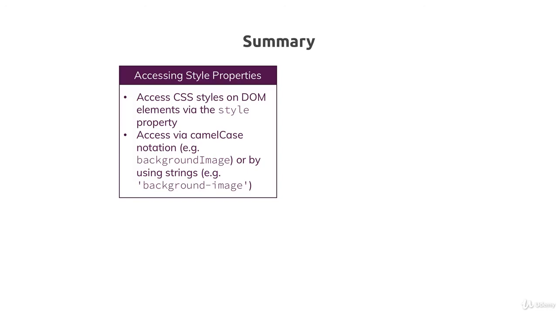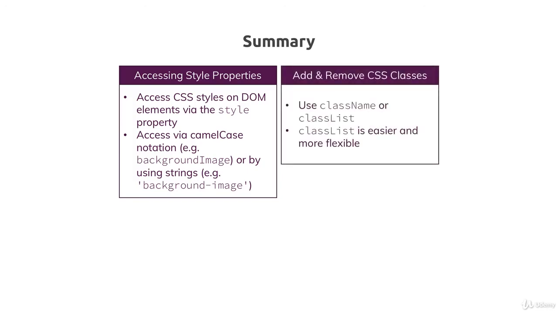And you also learned how you can add or remove CSS classes with class name, or better, if you don't want to override everything, via class list and the add and remove or toggle methods offered on that object. It's easier and more flexible than class name.